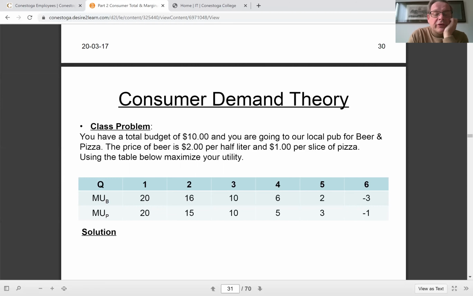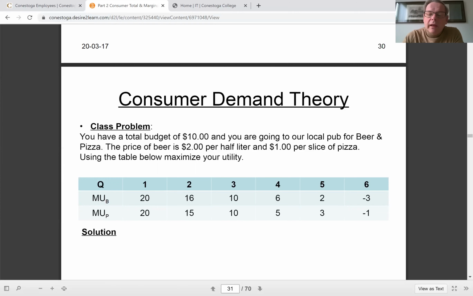And if you look at the table, you'll see that these numbers are decreasing. So you're going to get your highest level of satisfaction from the first item consumed. And then the level of satisfaction or utils that you receive from the second item will be a little less, and so forth. The same with pizza on the way down.